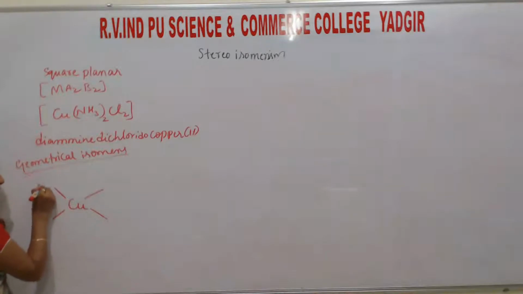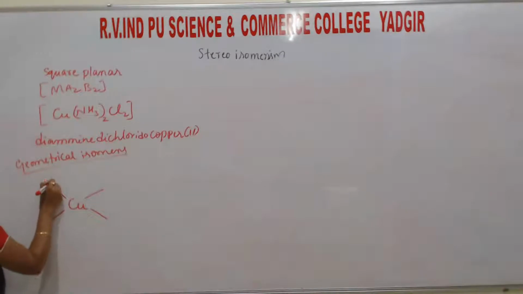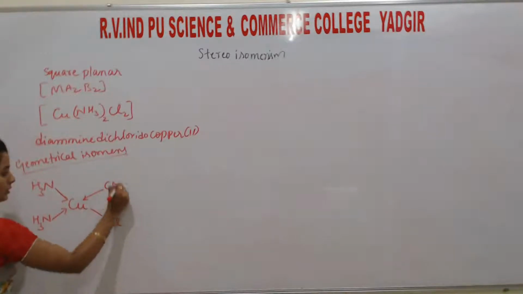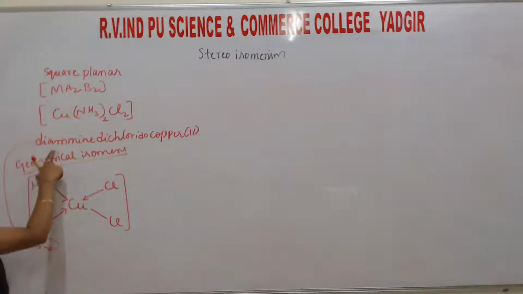So here it is NH3. Bonding is done through nitrogen atoms with NH3, NH3, Cl, Cl. Then if you want to write the name, cis followed by the name of the complex. Cis-diamminedichloridocopper(II).